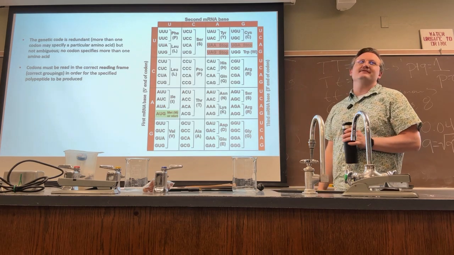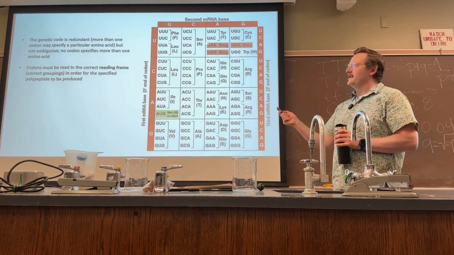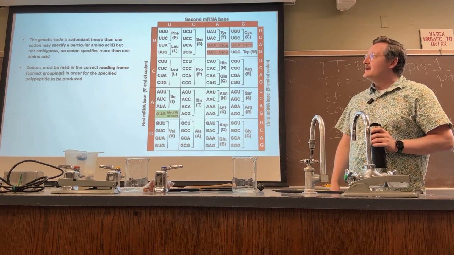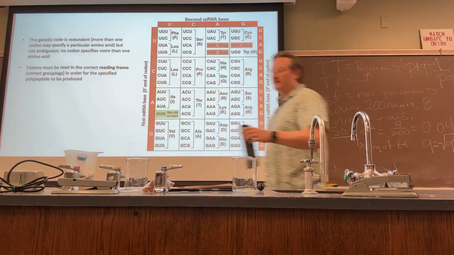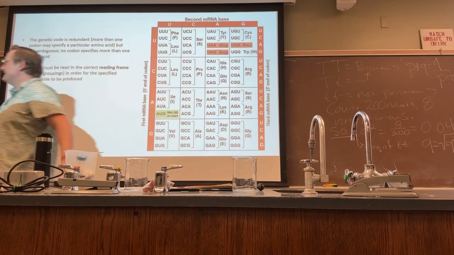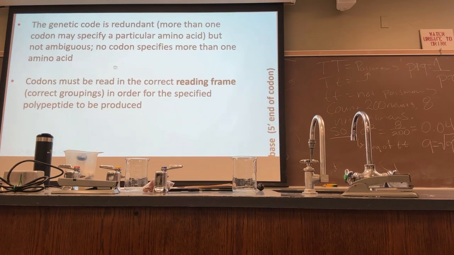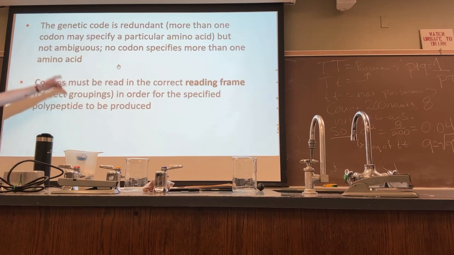Here in this table is every single possible codon that could be produced in an mRNA molecule. But the genetic code is what we call redundant, in that more than one codon can encode a particular amino acid. But a single codon only specifies one amino acid.